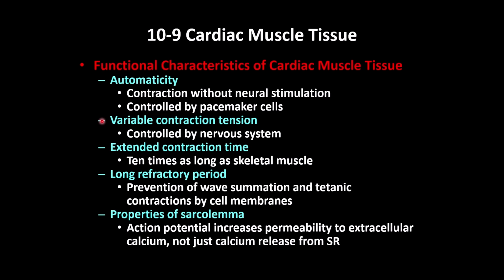These can increase or decrease cardiac activity, depending on the demand. For example, when you're running, you need more oxygen, you need more muscle activity, so the heart rate increases. But at rest, you don't need that much, so your heart is relaxed and does not use that much contractility.